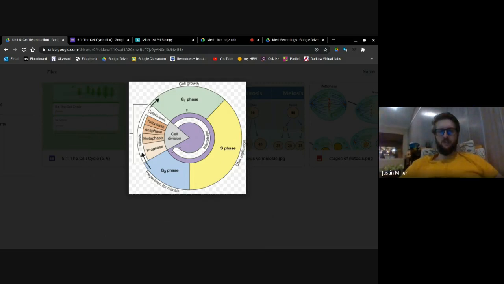There's kind of gaps in activity. So gap 1 is the first one, and gap 2 later on we'll talk about. But this is where the cell is born, right here. And the cell in gap 1 is basically just kind of growing and maturing into an adult cell.